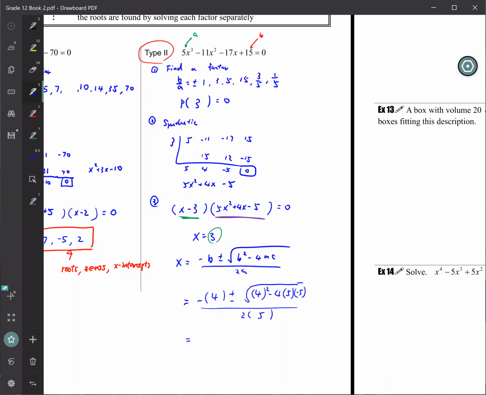So if the question says it wants decimal, then you need to type it into calculator. Okay, for the after you get the quadratic formula. But if it just says exact answers, then you just leave the answer in the radical form.